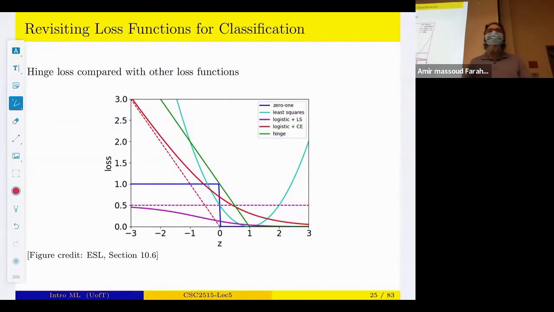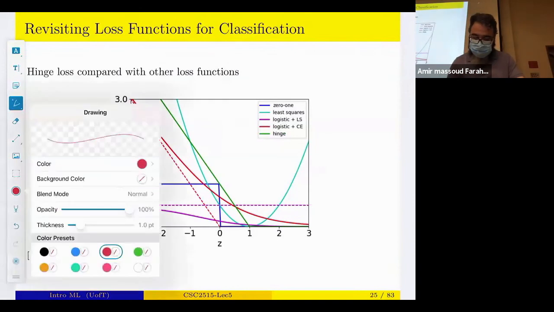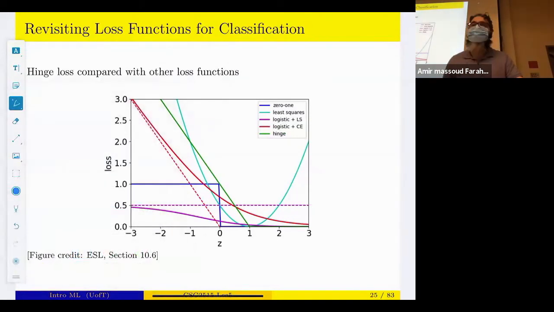Okay, so we can compare hinge loss with some other loss functions that we had seen before. You've seen some version of this figure in the past, in the lecture on classification with linear models. Maybe I'll point to a few of these.